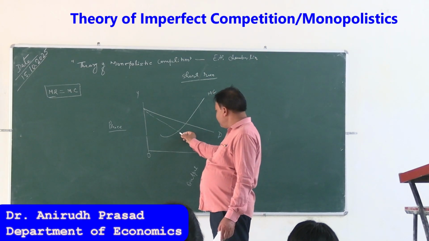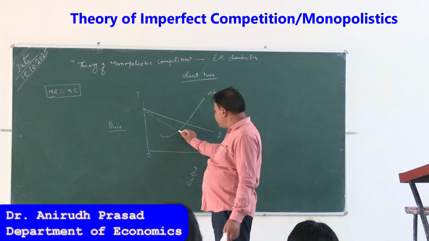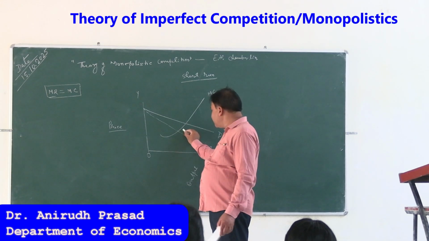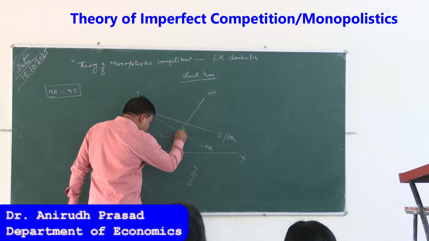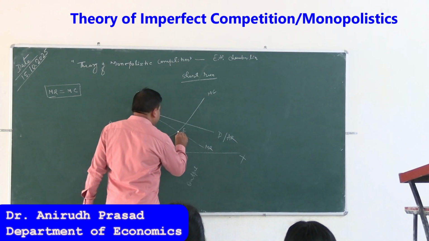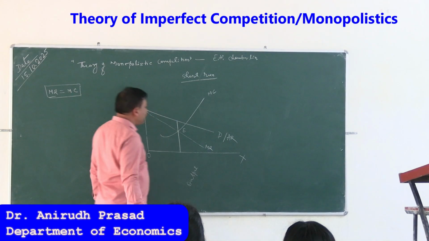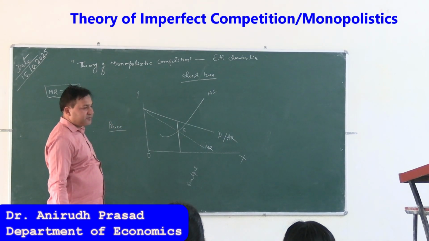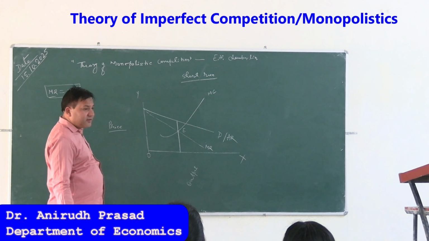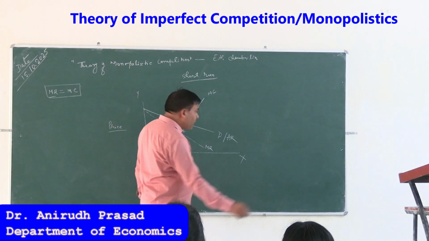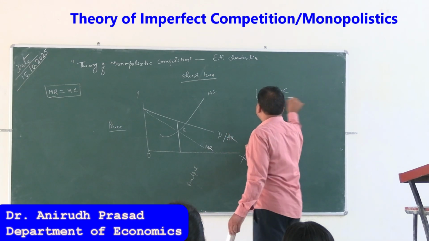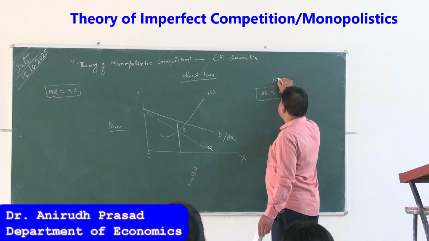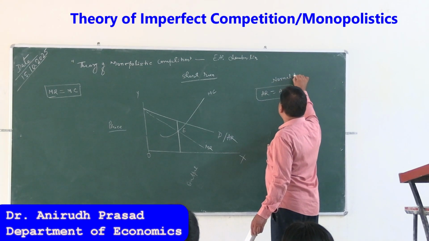So where MR and MC intersect each other, that is the equilibrium. We draw the line connecting the horizontal axis and the demand curve or average revenue. If there is a normal profit, then average revenue must be equal to average cost. This is the condition of normal profit.